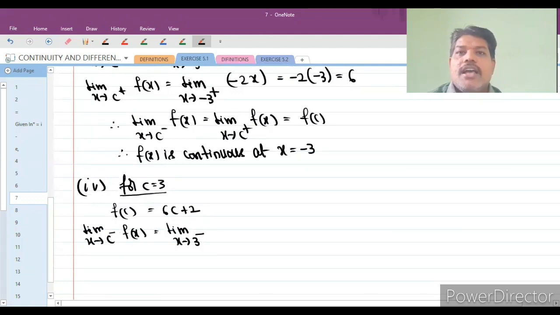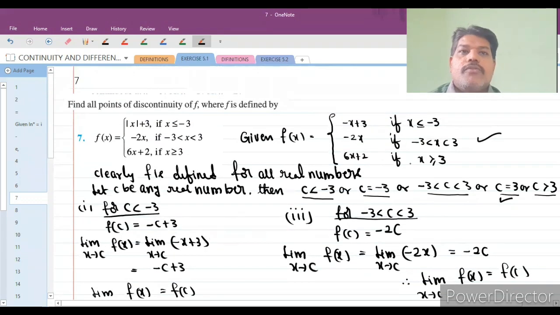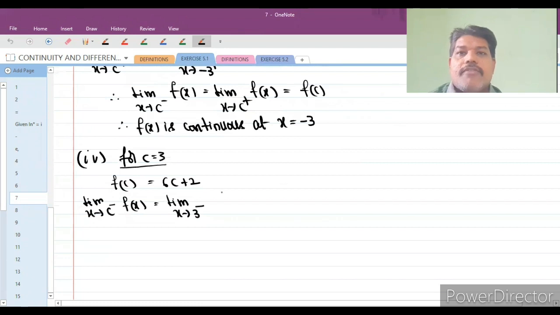So for x less than 3, f of x value will become minus 2x. So apply the limit here, students: minus 2 into x value 3, so it will become minus 6.